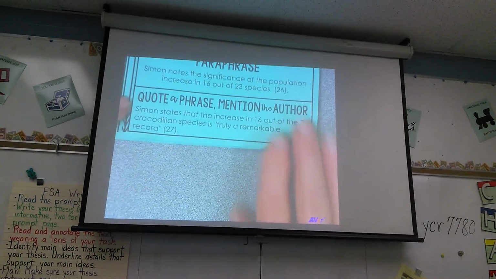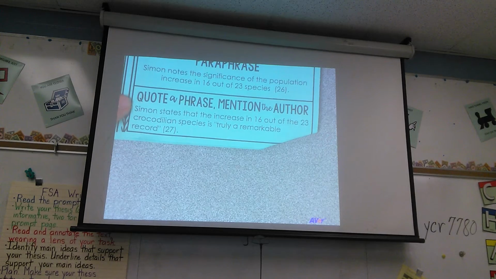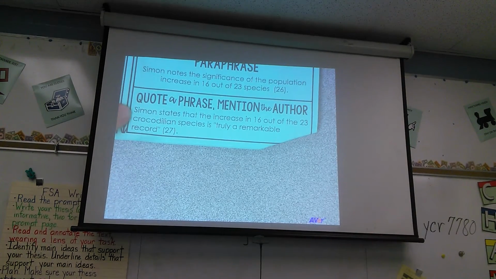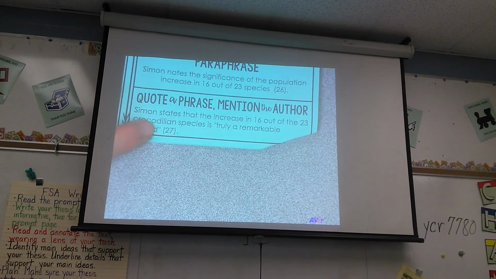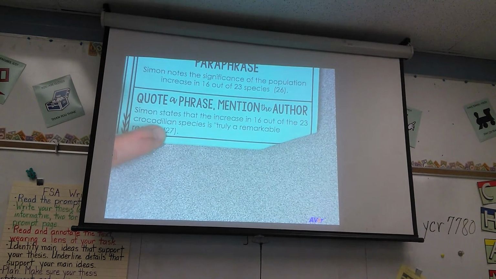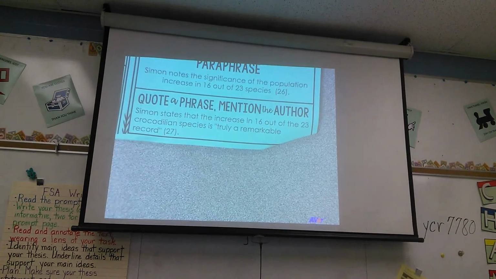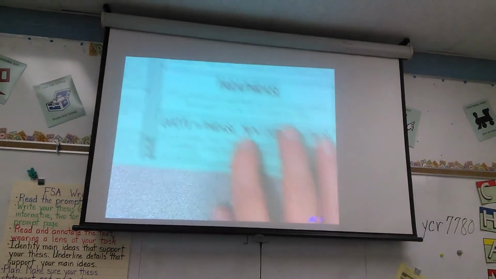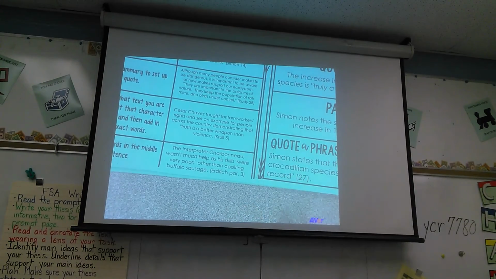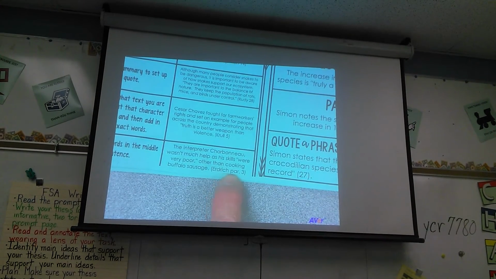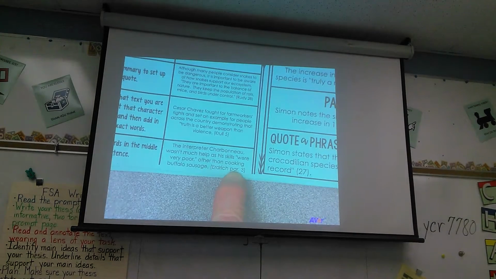Okay. Then another way to do it is to quote a phrase and mention the author. Simon states that the increase in 16 out of 23 crocodilian species is truly a remarkable record. And then after the end quote, open the parentheses, page number, close the parentheses, period. Now what we're going to see when we're dealing with the text set is more like this, with the paragraph number.